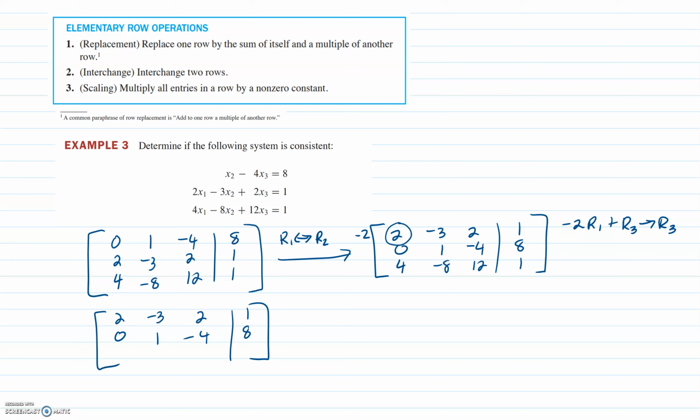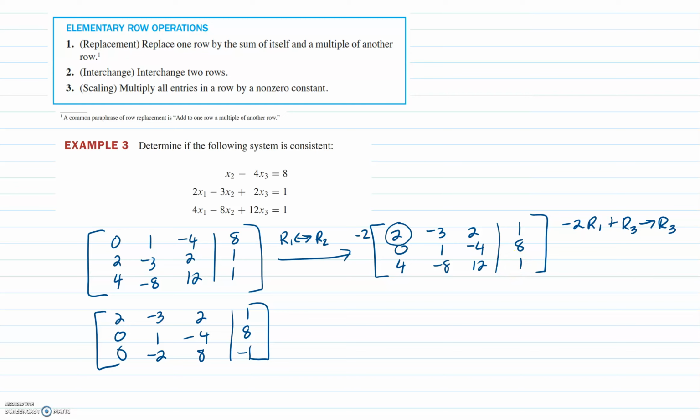I'll put a negative here to help me. And then let's go ahead and do it. Negative 4 plus 4 is 0. Negative 2 times negative 3, 6 plus negative 8, negative 2. Negative 2 with a 2 is a negative 4 plus the 12 is an 8. And finally, negative 2 times 1 is negative 2, added to 1 is a negative 1.